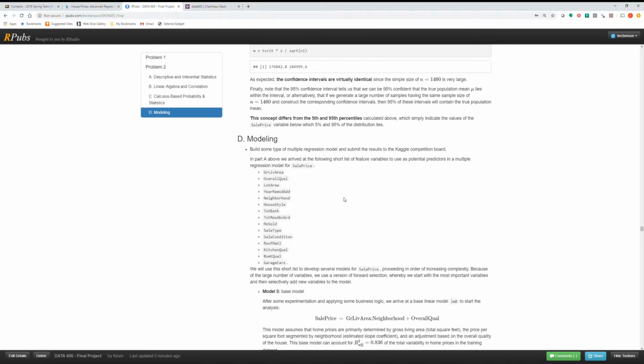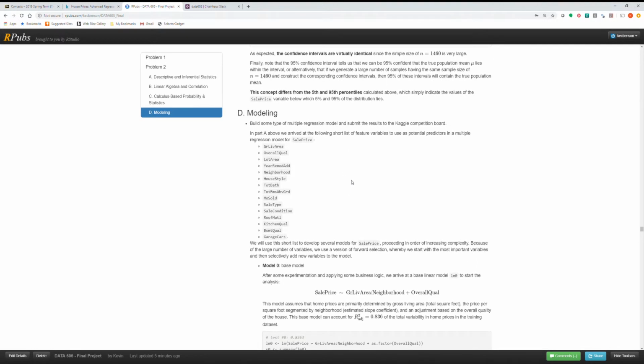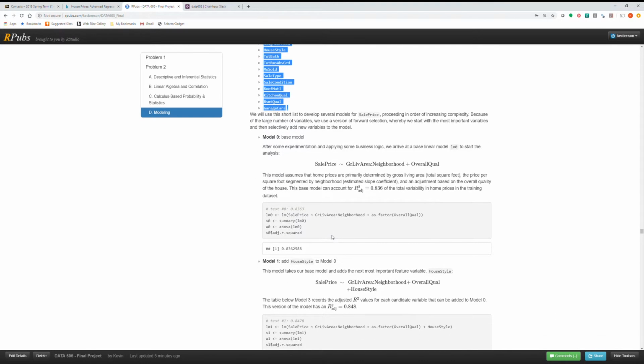In the next section, the final section, we do a modeling exercise by building a multiple regression model for the Ames housing price data. If we go back to part A above, we had a short list of potential regressor variables to use, which is this. We end up using that short list to arrive at some key variables to use in the model.